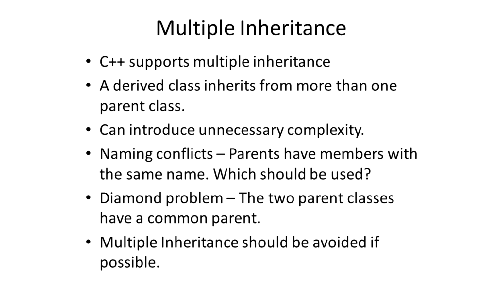Should it call it from parent 1, parent 2, parent 3, parent 4, etc.? So this becomes a difficult issue to resolve if you have those attributes duplicated across your parents.